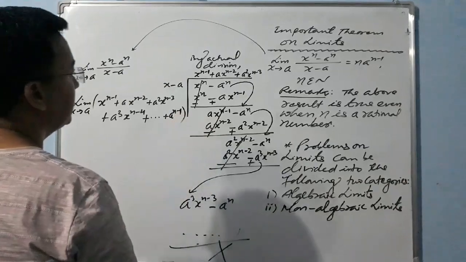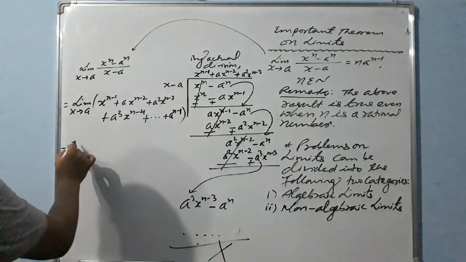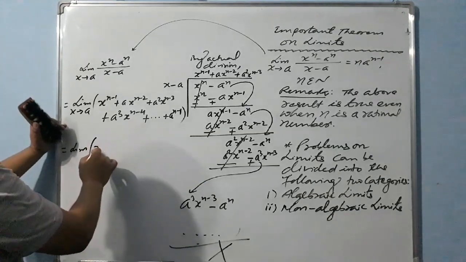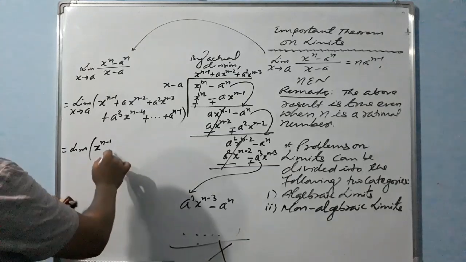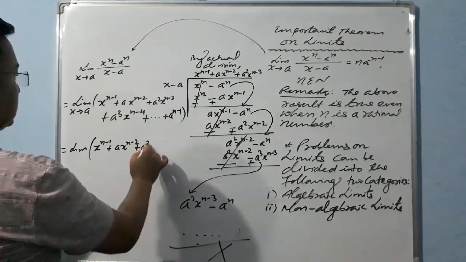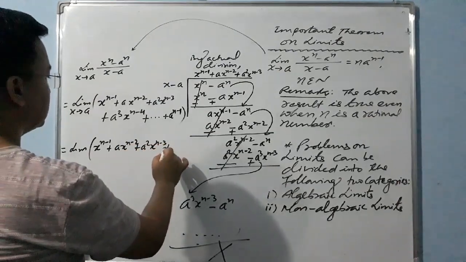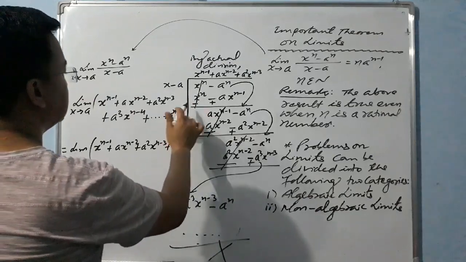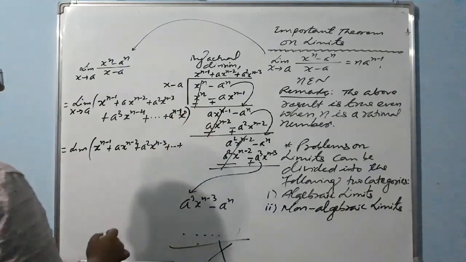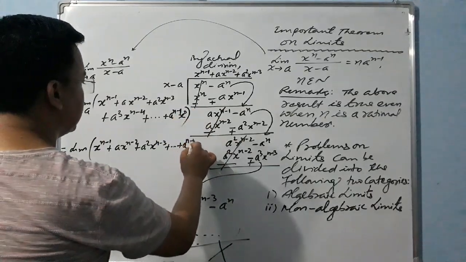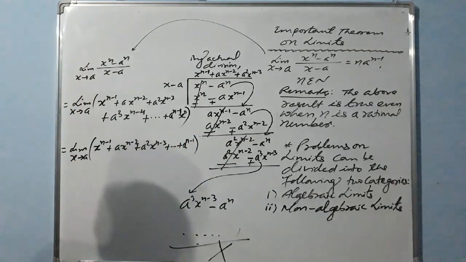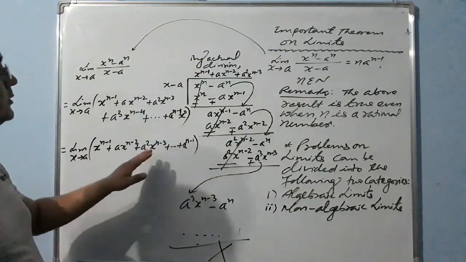So a raised to power n minus a raised to power n cancels. The limit is equal to, I'm writing again, x raised to power n minus 1 plus a x raised to power n minus 2 plus a square x raised to power n minus 3 plus dot dot dot, and the last term is x raised to power 0, that is a raised to power n minus 1, as x tends to a. This is a polynomial.